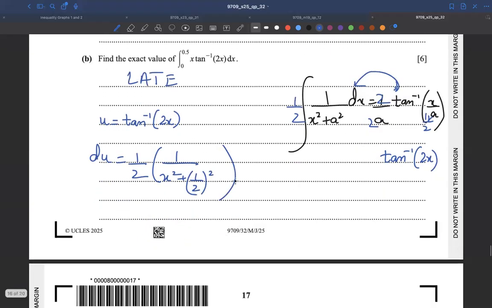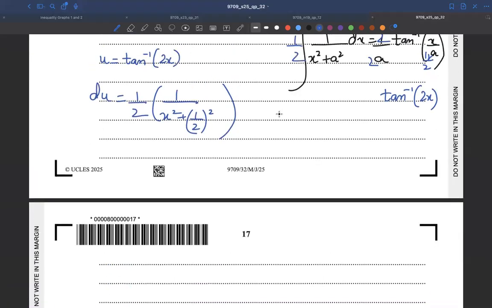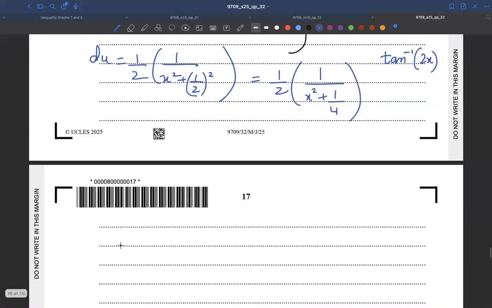Now simplifying this first, because otherwise it will get a bit tricky. So we'll get du is equal to 1 upon 2 into 1 upon x square plus 1 upon 4. Taking the LCM in the denominator, we'll get 1 upon 2 into 1 upon (4x square plus 1) upon 4. This 4 will come up in the numerator.